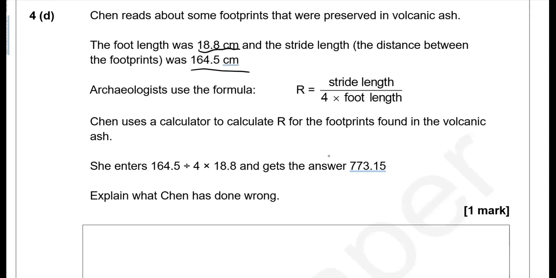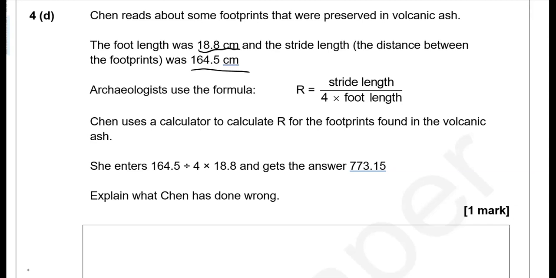Archaeologists use the formula R equals stride length divided by 4 times foot length. Chen uses a calculator to calculate R for the footprints found in the volcanic ash. She enters 164.5 divided by 4 times 18.8 and gets the answer 773.15. Explain what Chen has done wrong.